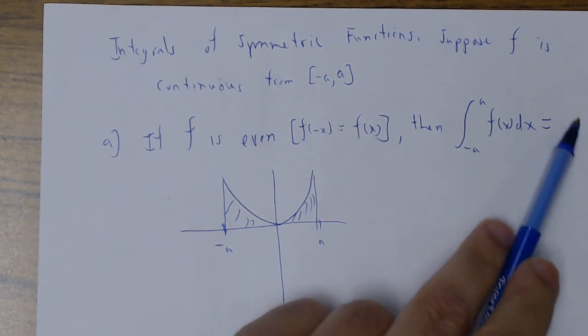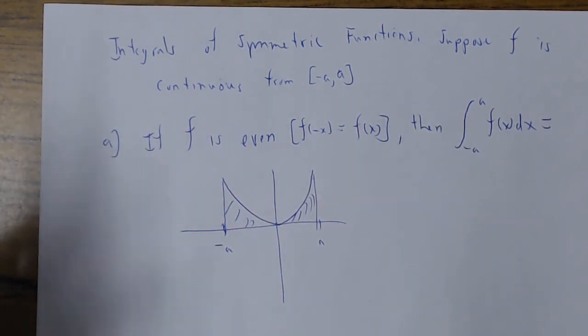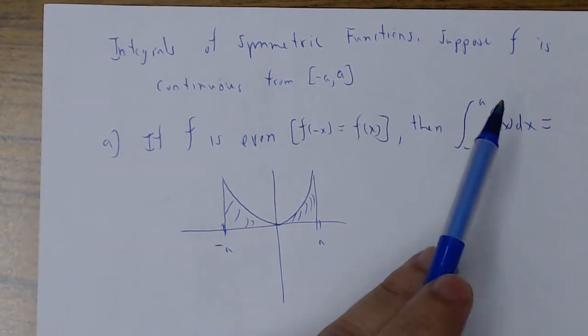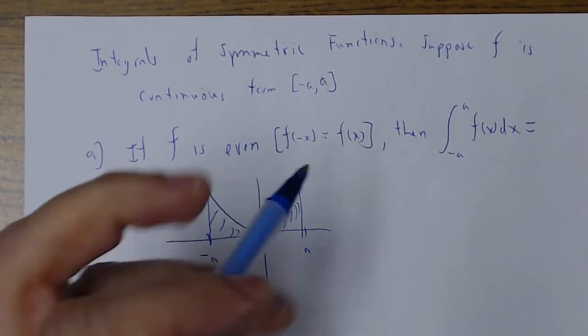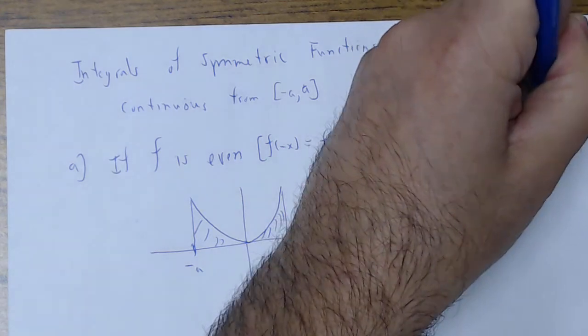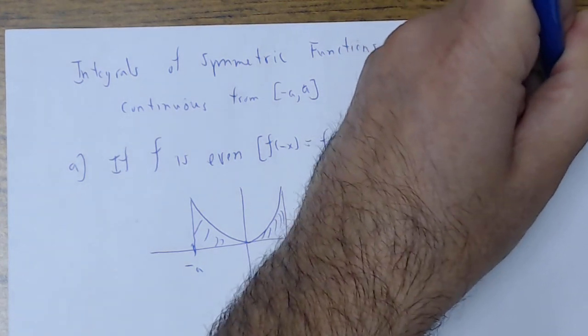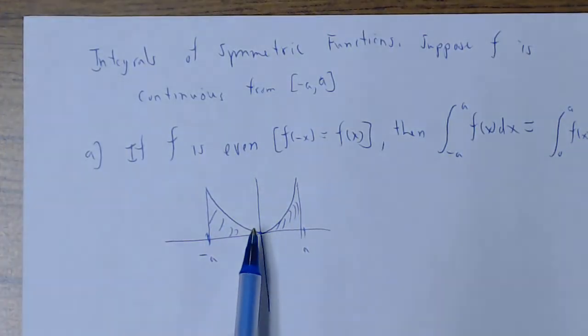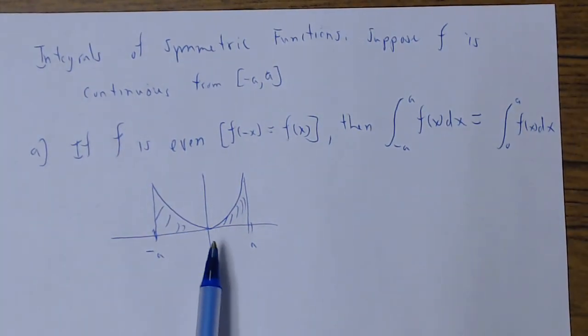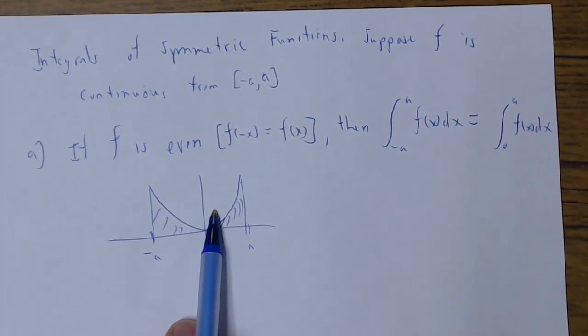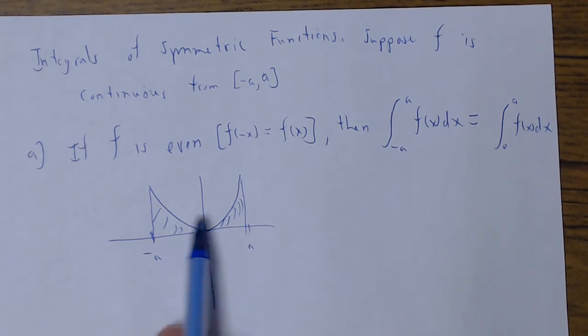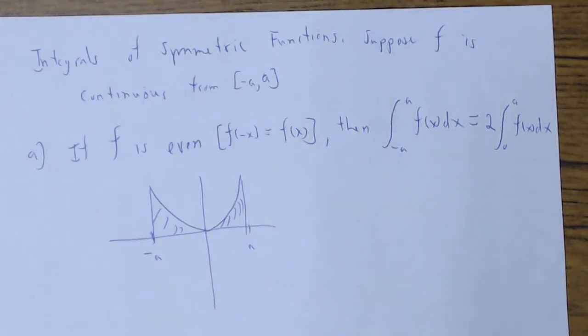So how could I adjust this to make my life slightly easier? We could find the integral from 0 to a of f of x, or the area under the curve from 0 to a, and then since it's symmetric with respect to the y-axis, just double it.